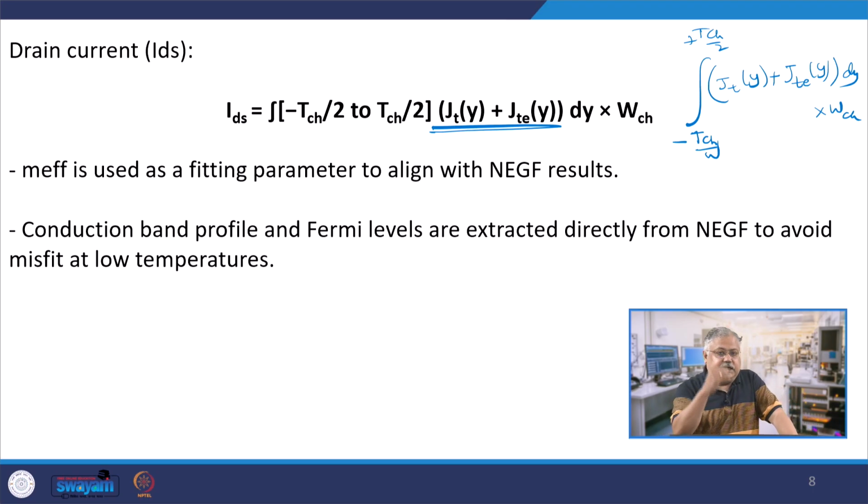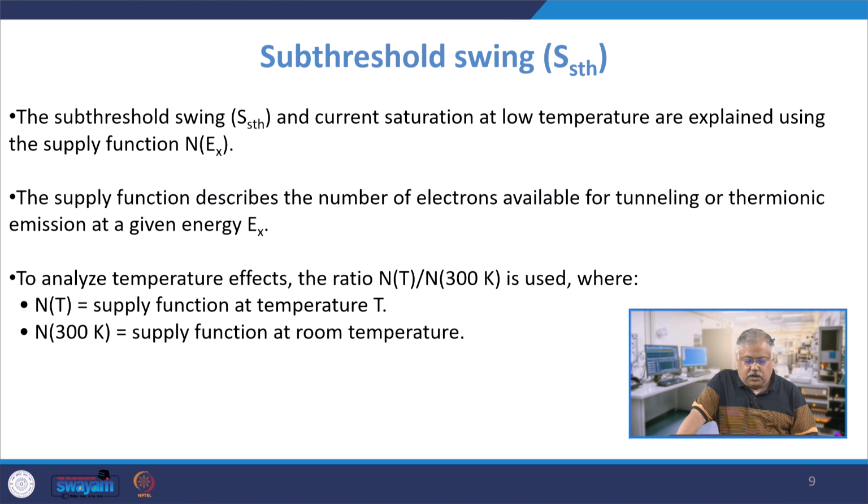What we do is that we try to extract the conduction band profile and the Fermi level directly from NEGF, the non-equilibrium Green's function formalism, and this is to avoid the misfit in our design.